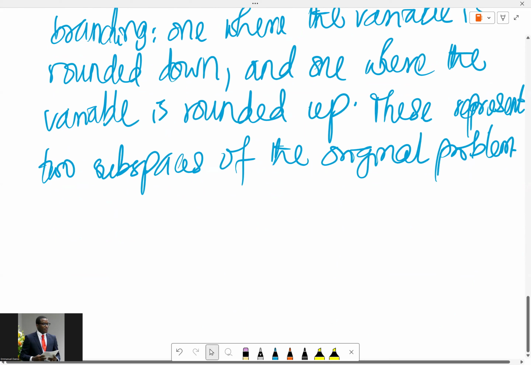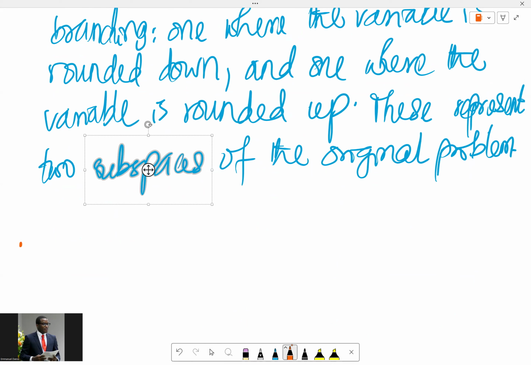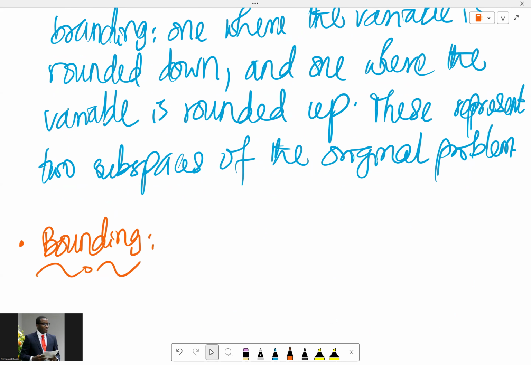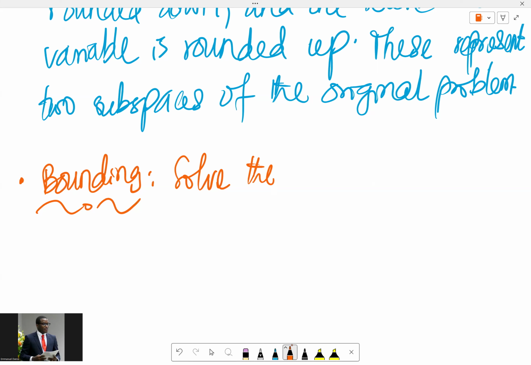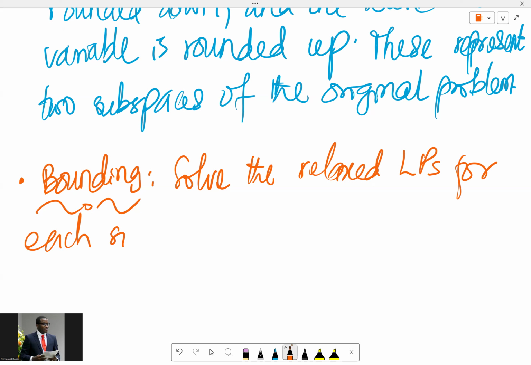Then let's talk about the next part, which is bounding. It's branch and bound. So for bounding, you solve the relaxed linear programming problem for each subproblem.